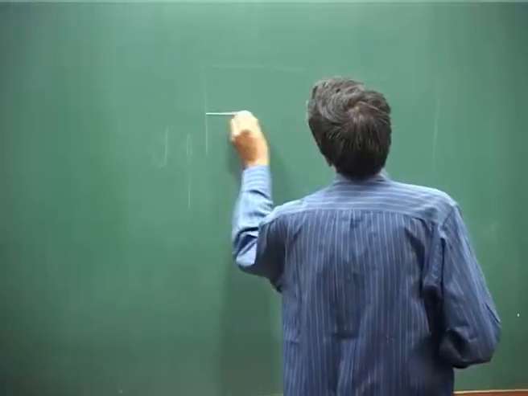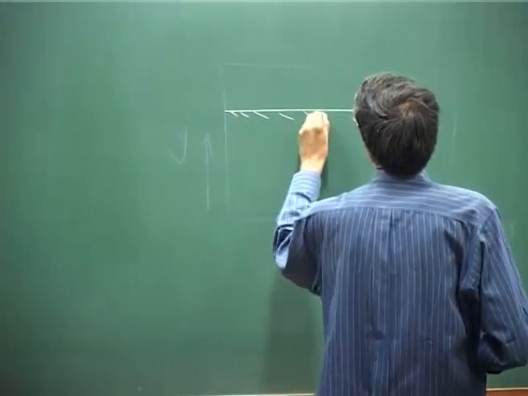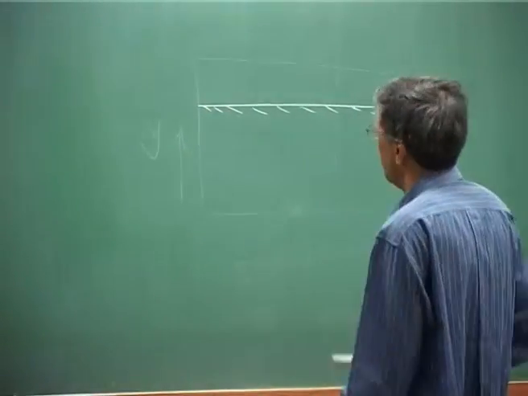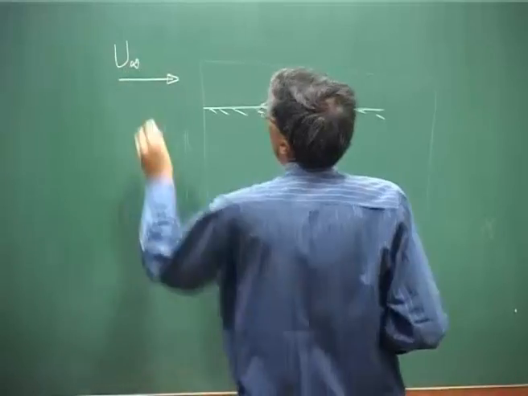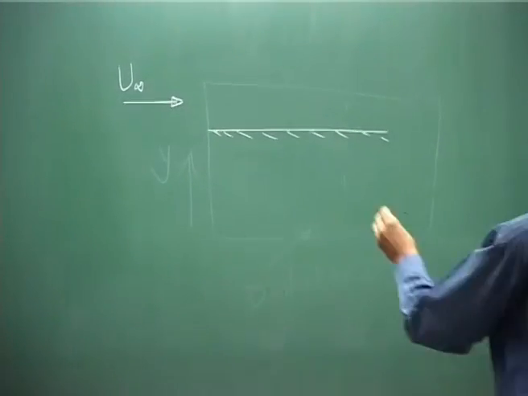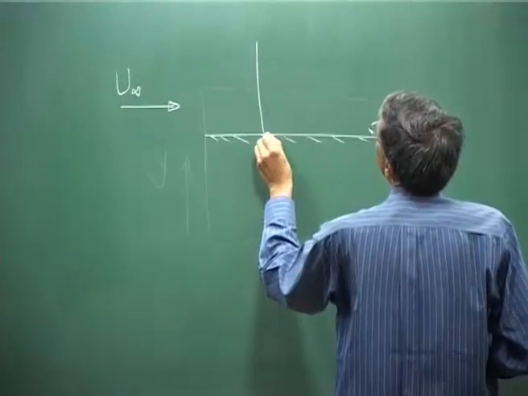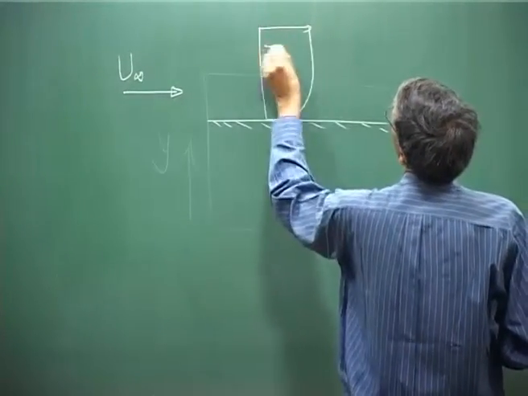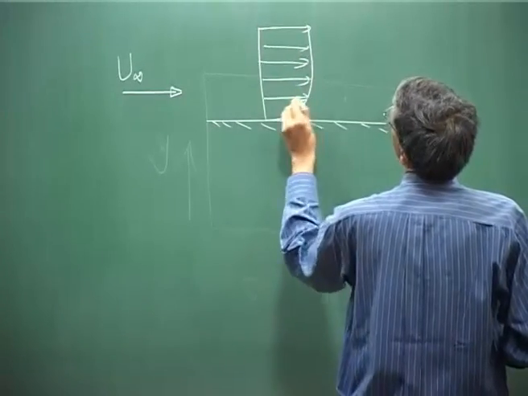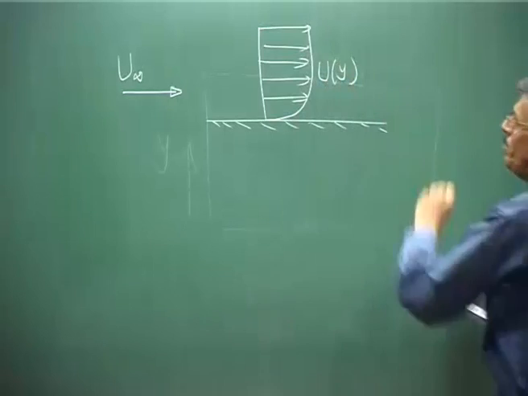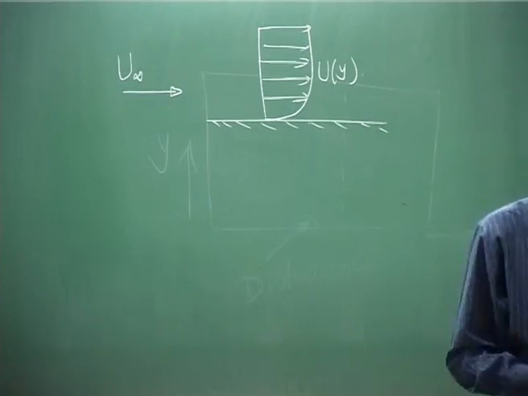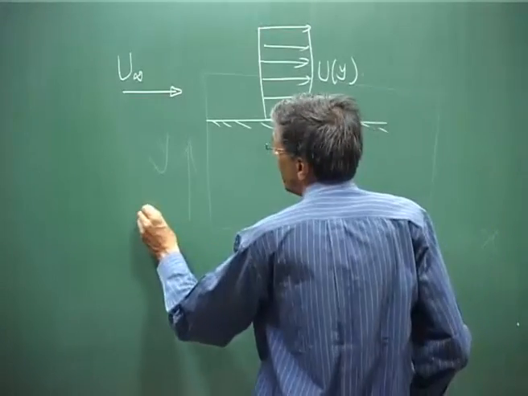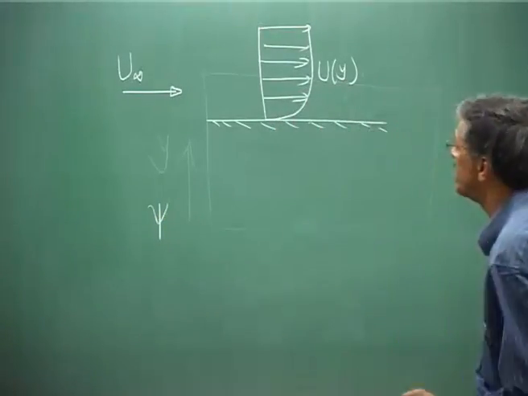So, the basic problem is of this kind. Let us say we are talking about flow over a simple geometry like even a flat plate, and the flow is coming like this, and we have already done a few lectures ago that it creates a kind of boundary layer, and we have talked about that solution as u of y. And now what we are seeing is that, given that mean flow, we are trying to figure out what the disturbance is going to do, and this disturbance quantity is defined by, let us say, the stream function.